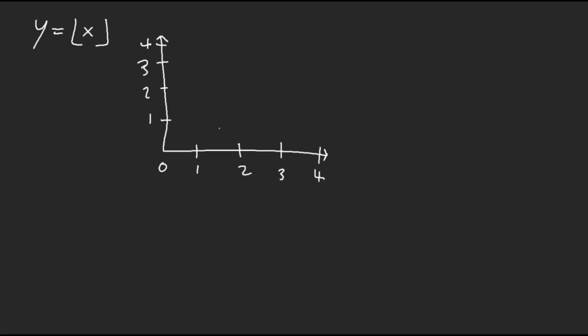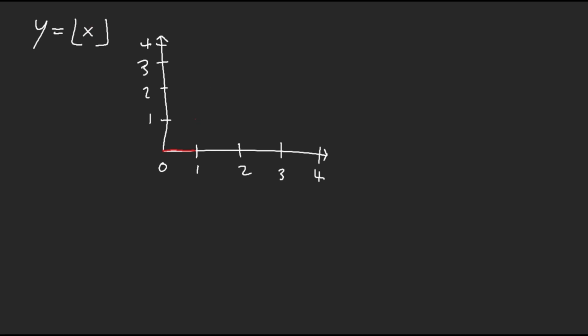What this would look like is, for any number between 0 and 1, this is going to be 0, because we're rounding it down. Then at 1, if we plug in x equals 1, the floor function of 1 is just 1.